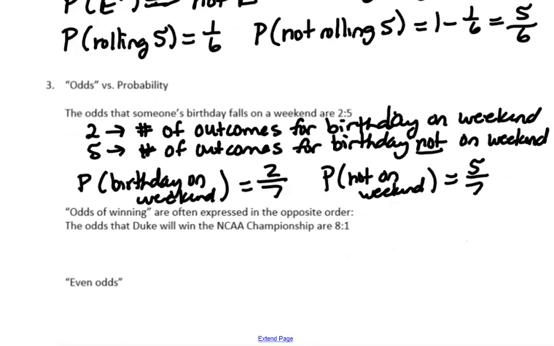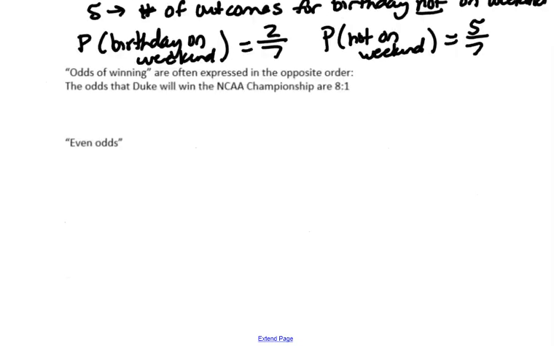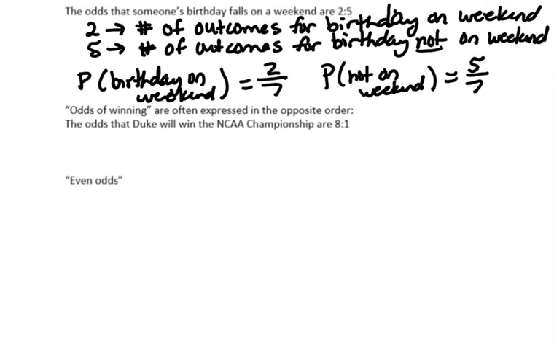Now usually, when we say the odds of something happening, we put the number of ways it could happen first and the number of ways it doesn't happen second. But for some reason, when you're talking about odds for a winning-losing situation, often they're expressed in the opposite order. So the odds that Duke will win the NCAA championship are 8 to 1.